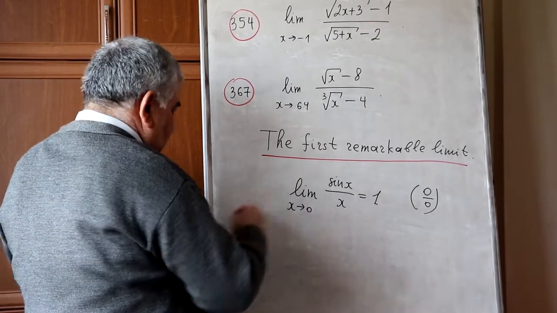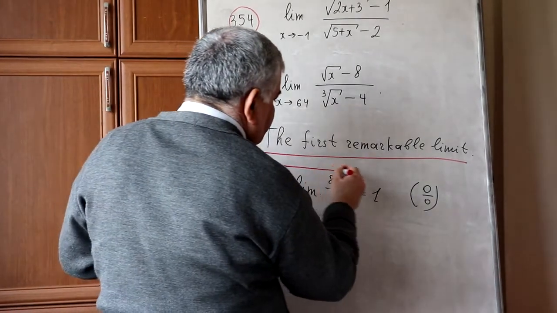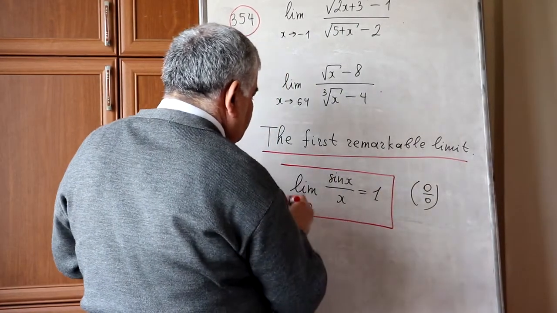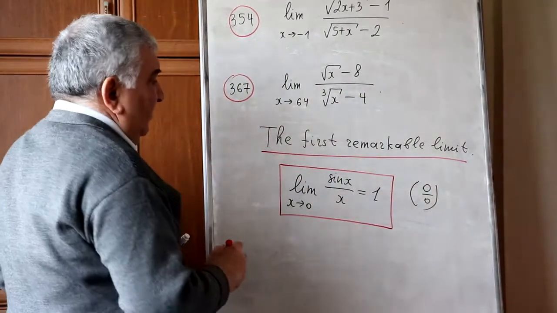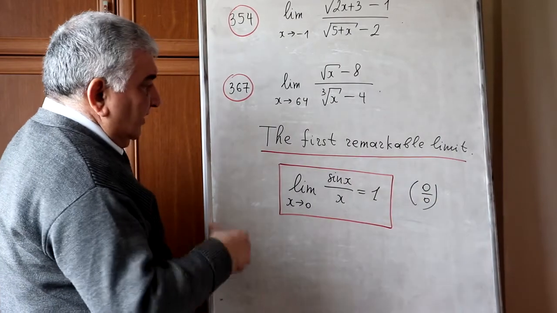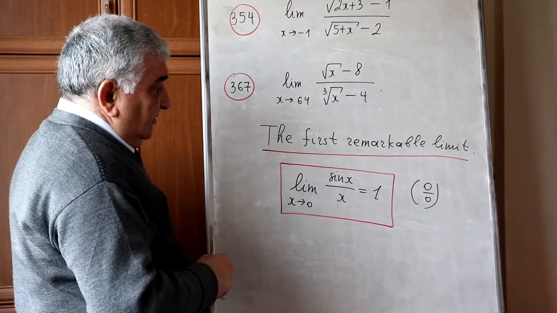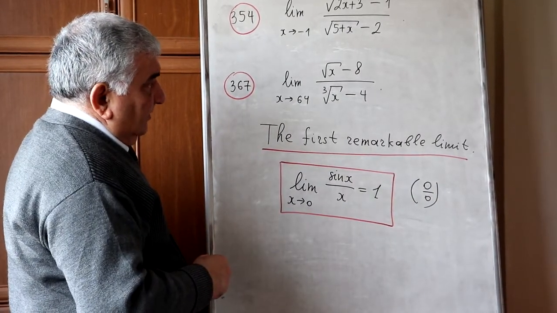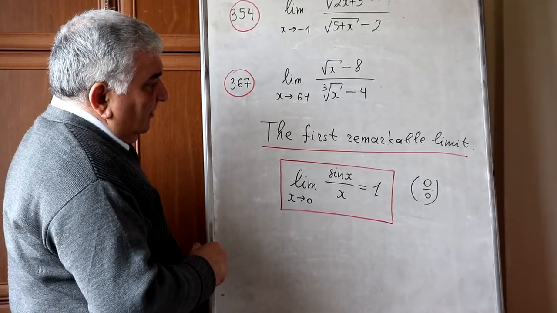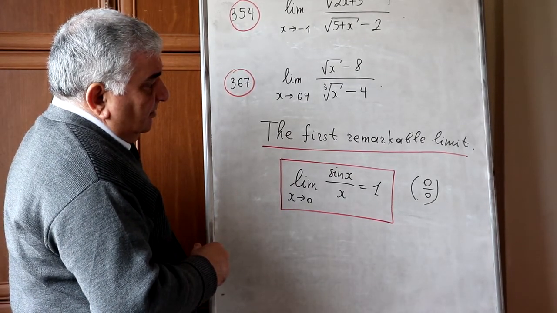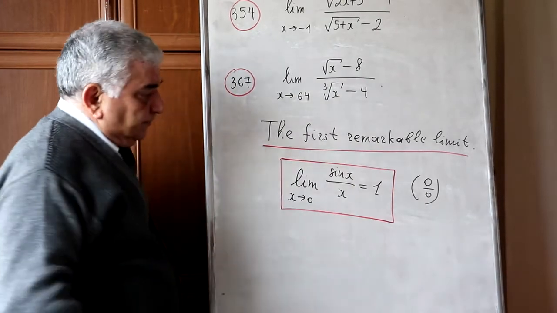Sine of 0 is 0. It is the first remarkable limit. This remarkable limit has several results, and then show these results.